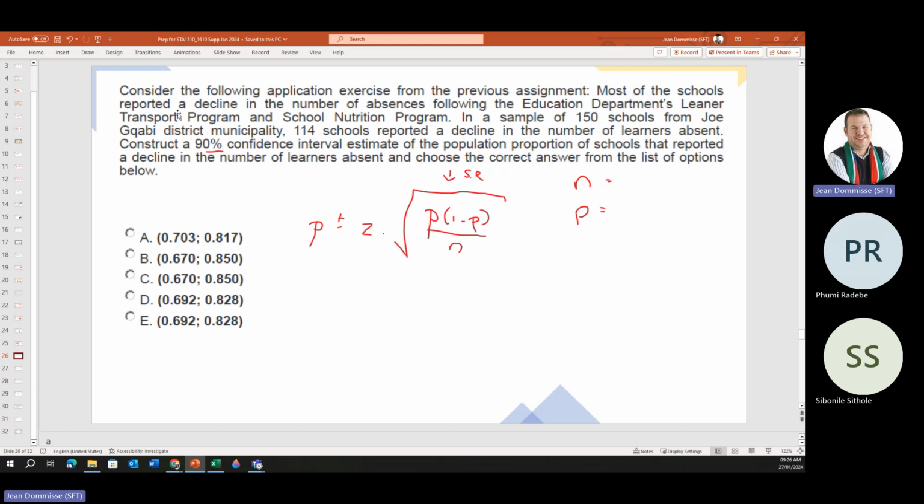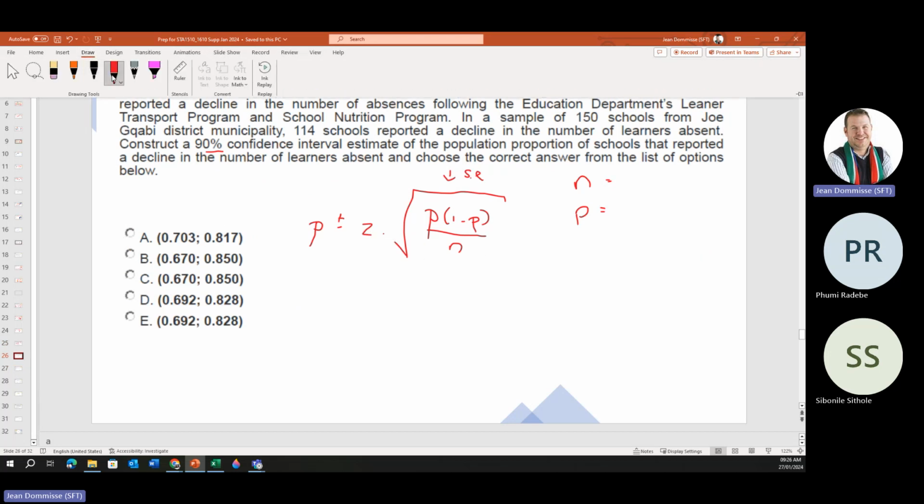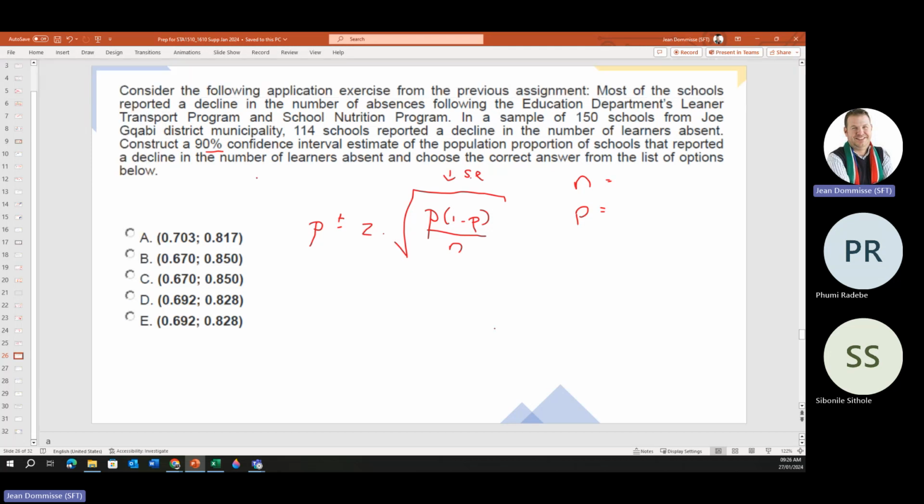Okay, so let's see what information they give us. Consider most of the schools reported a decline in the number of absentees. In a sample of 150 from that municipality, 114 schools reported a decline.